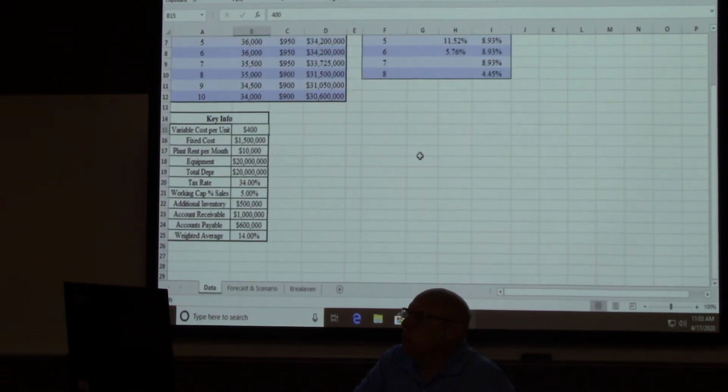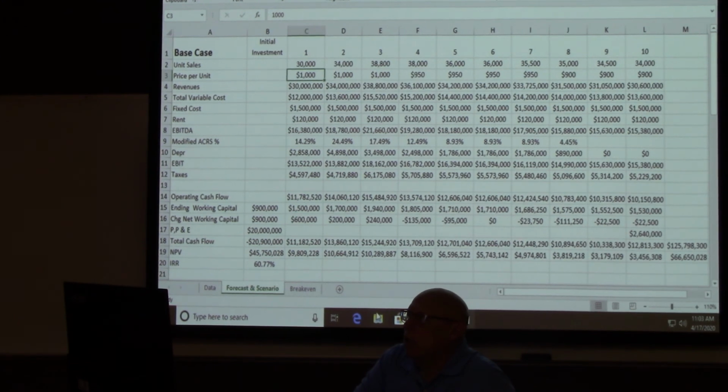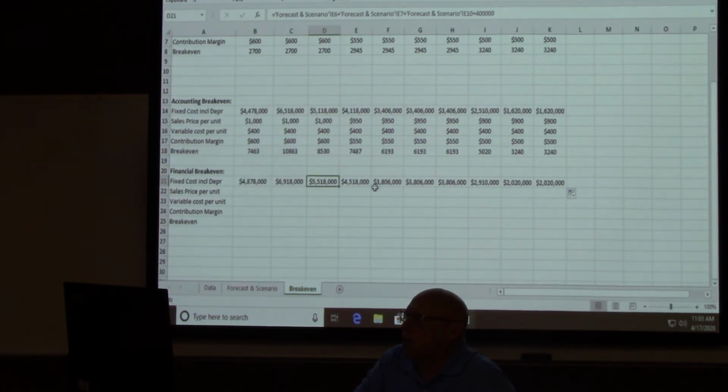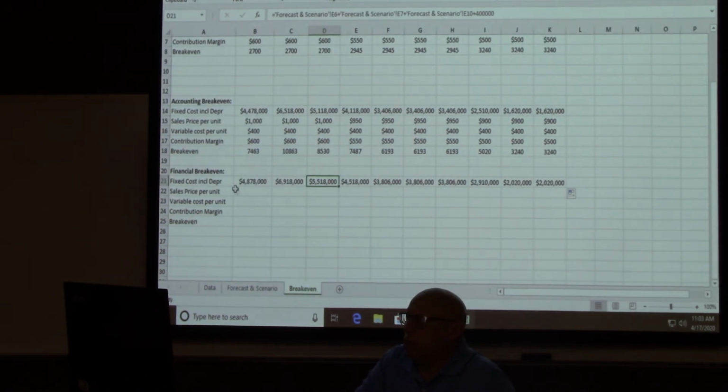Let's go here and take a look at the depreciation. I'm noticing here that our fixed cost, including depreciation, is going down. So I just wanted to make sure, let's look at our depreciation. That explains it. The depreciation cost going down is what explains that.